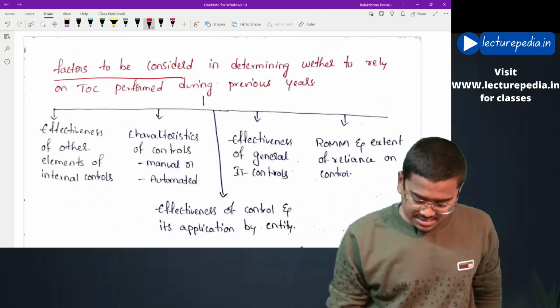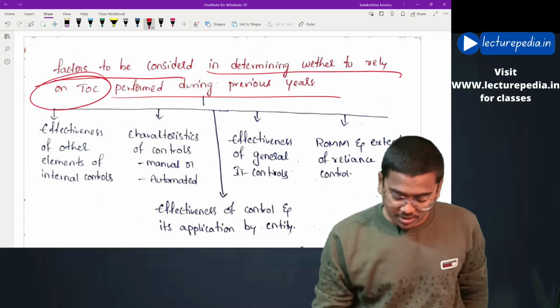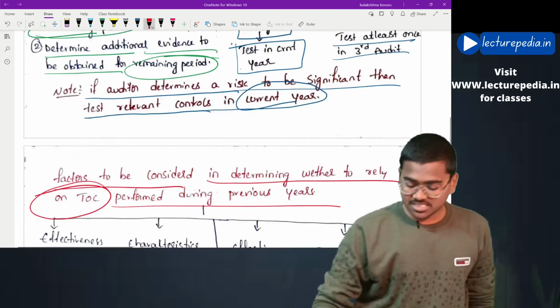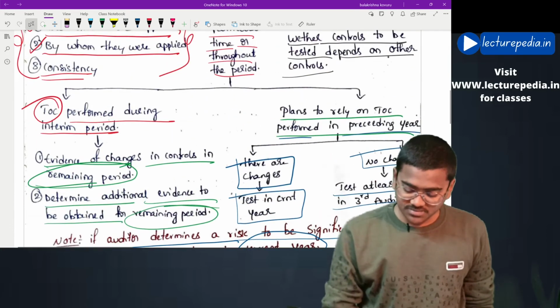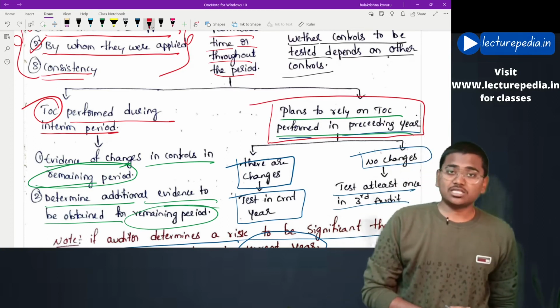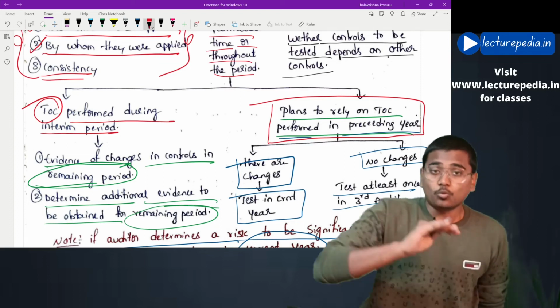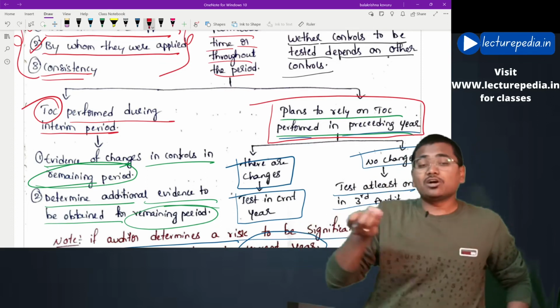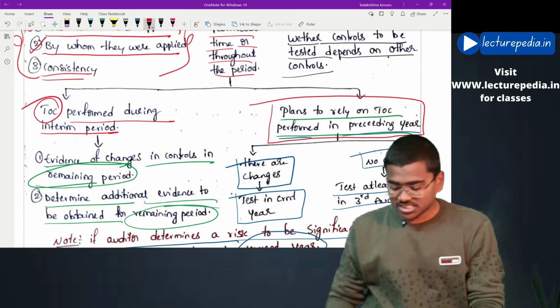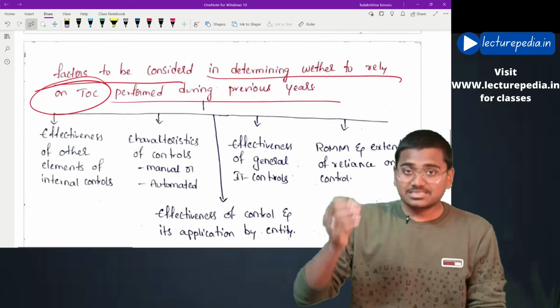Next, factors to be considered in determining whether to rely on test of controls performed during the previous year. See, here the auditor is planning to rely on the controls that were performed in the previous year. Now, while determining whether to rely on them or not, the auditor will consider certain factors.